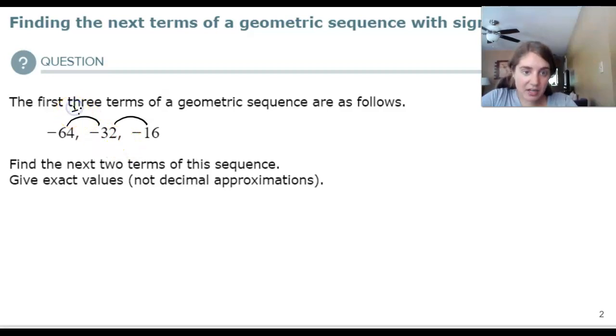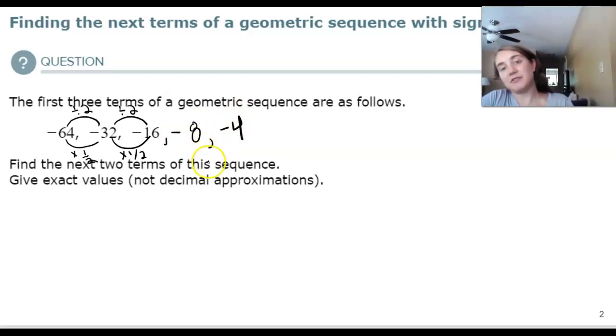I'm dividing by 2, or you can think of it as multiplying by 1/2 times 1/2 times 1/2. So times a half is going to give me -8, times another half is going to get me -4. We'll define more of these later, but we're seeing this pattern and it's asking us just to expand it to find the next two terms. So this is first term, second term, third term, fourth term, fifth term.